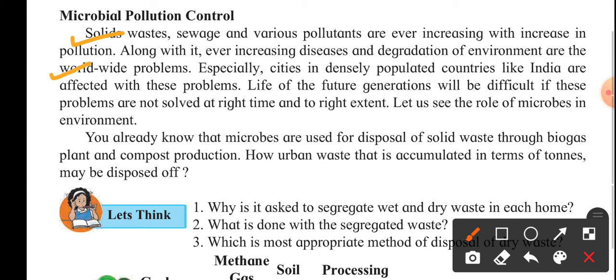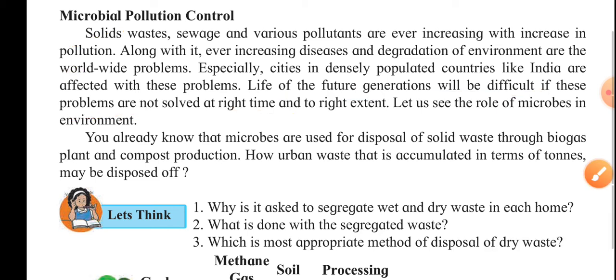Especially cities in densely populated countries like India are affected by these problems. Life of future generations will be difficult if these problems are not solved at the right time. It's obvious that if pollution goes on increasing continuously day by day, then the future generation is going to face a huge problem.